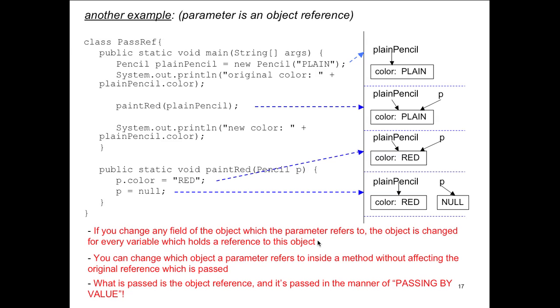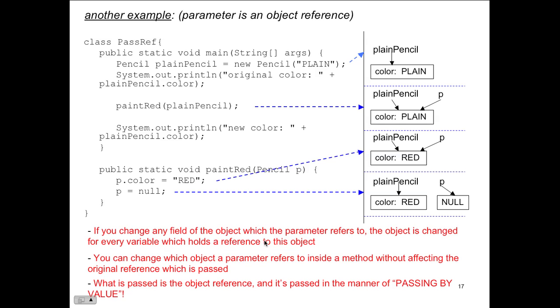Here's another example, and here's a bunch of examples actually showing this, and I've got some better ones to show you tomorrow. But this is just showing you the different object, right? P dot color is equal to red, and all the different formats for where this is coming from. Paint red is a method call, and we're sending it this. It's just some examples. So you can change any field of the object which the parameter refers to.